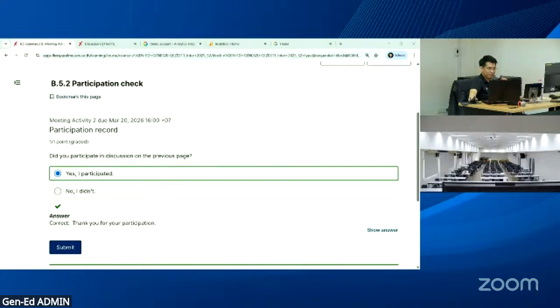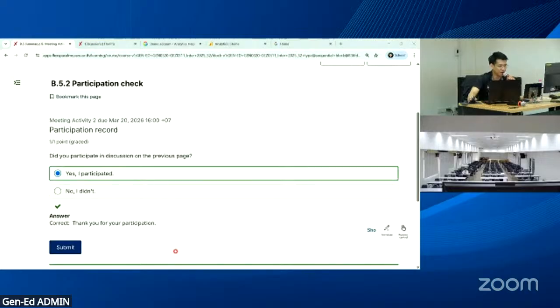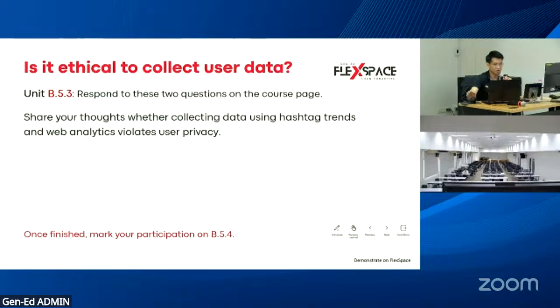Okay. Now discuss first how you can utilize the business insight to assist your business. And then next, there comes the question, is it ethical to collect user data? Is it ethical to collect user data?